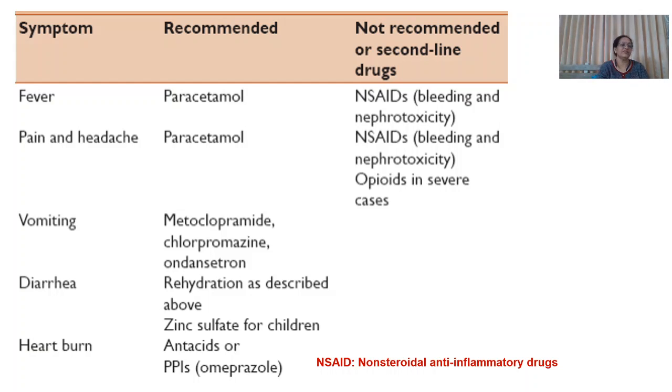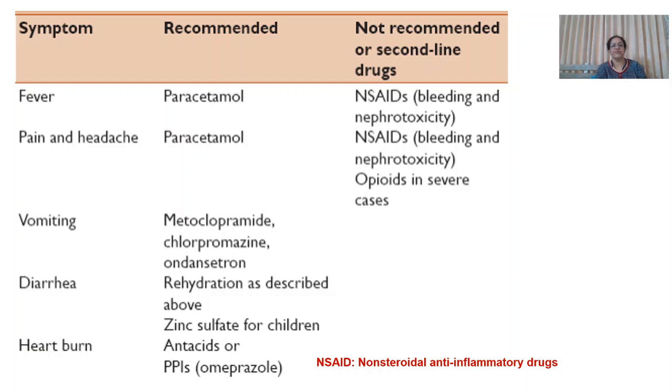So when there is a febrile illness, paracetamol is provided. The not recommended category to control fever is non-steroidal anti-inflammatory drugs, as there is a chance of bleeding and nephrotoxicity. These NSAIDs are avoided.